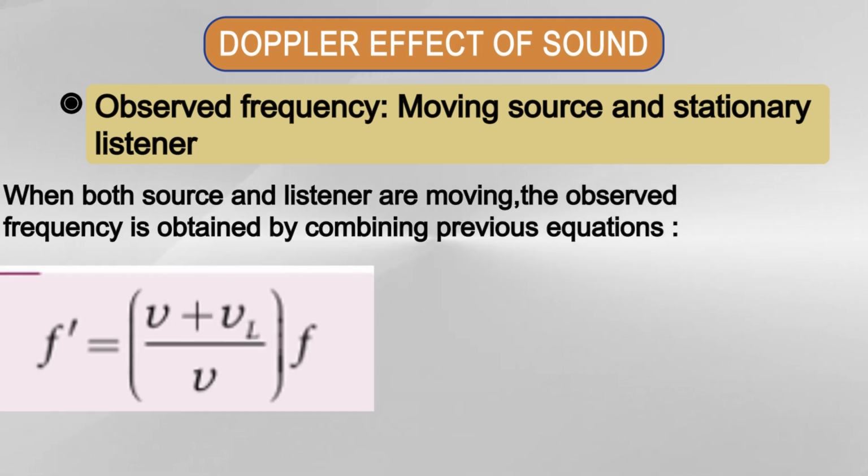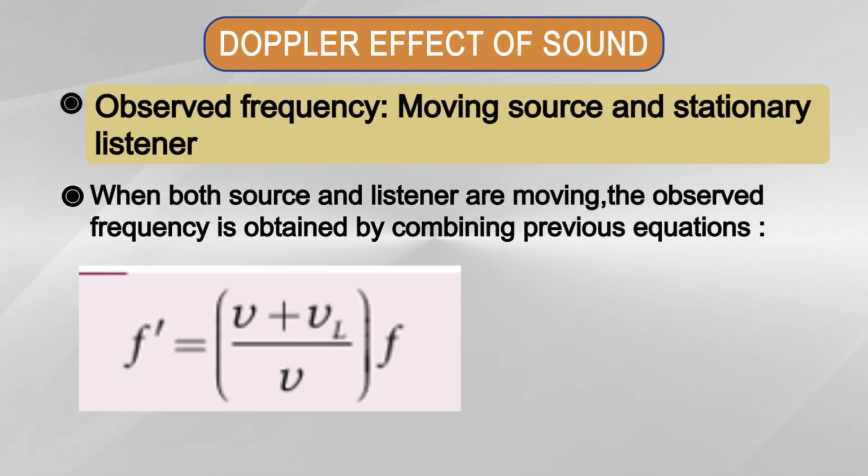Now, let us see when both are moving. In the initial case we took the listener at rest and the source moving, and in the second case the source at rest and the listener moving. Now, let us think both are moving. When both source and listener are moving, the observed frequency can be obtained by combining the previous two relations, and f prime will be equal to (V plus VL) upon (V minus Vs) multiplied by the original frequency.